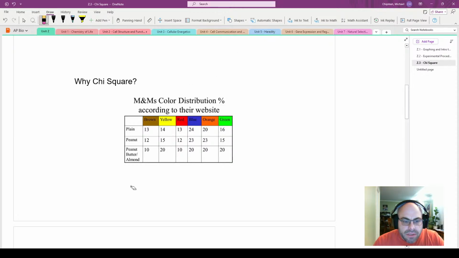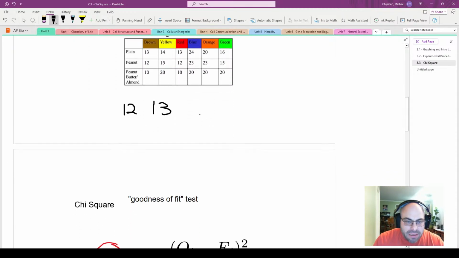I don't know where it is, so I'm just going to be stuck drawing things. Okay, so this is going to be bad. Let's say brown is 12 and yellow is 13. It's bad. I'm not going to do this. I'm just going to talk about it instead of actually doing any math, because I'm just not set up. Maybe tomorrow I'll be a little set up. I think I'm planning on doing this again tomorrow night before the exam.